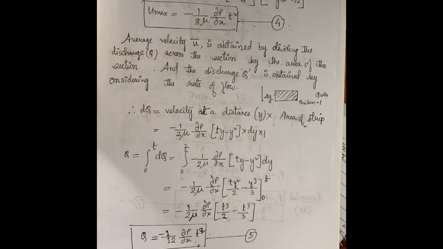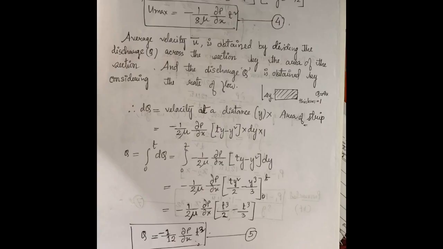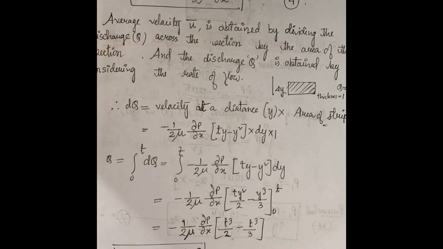So, using equation number 3, in place of y you just put t by 2, and after calculating you will get u maximum as minus 1 divided by 8 mu del p by del x t square.